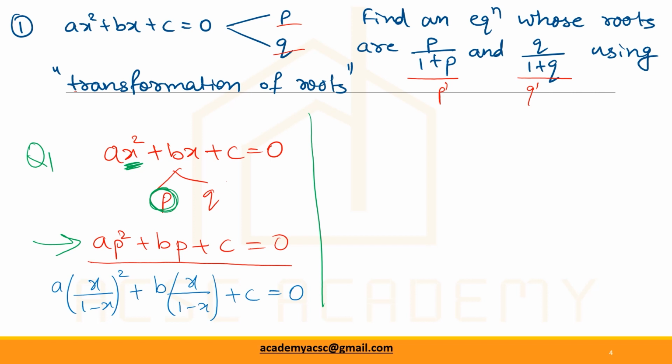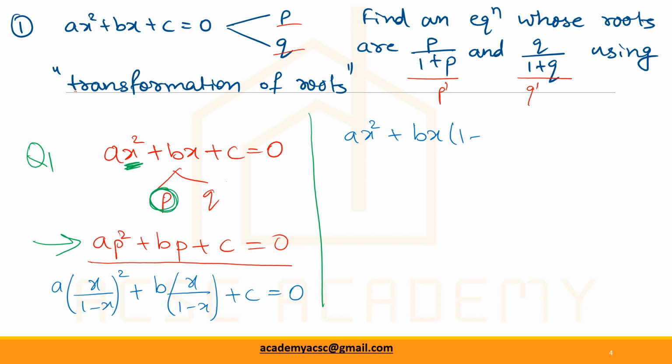So here we get ax squared upon 1 minus x the whole squared, or better, let us take this to the right hand side. It will become ax squared plus bx. I'm multiplying and dividing the entire equation by 1 minus x the whole square.